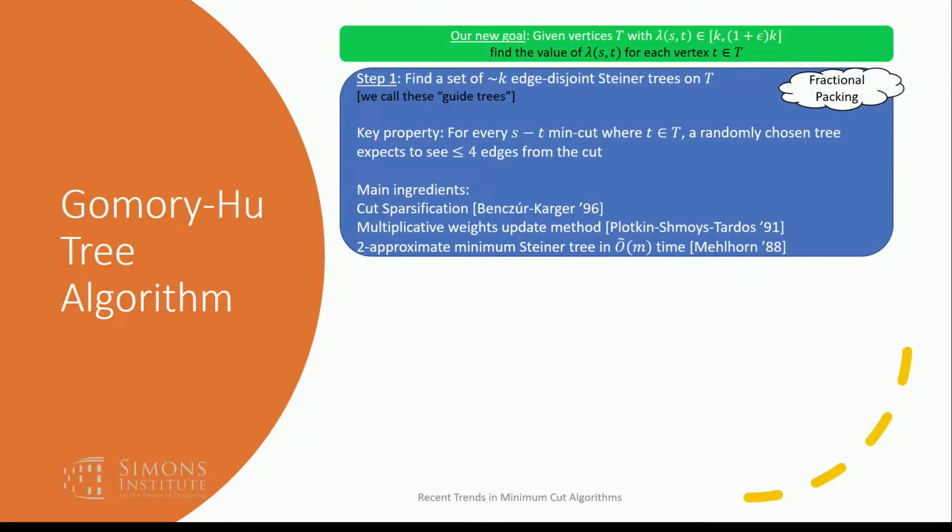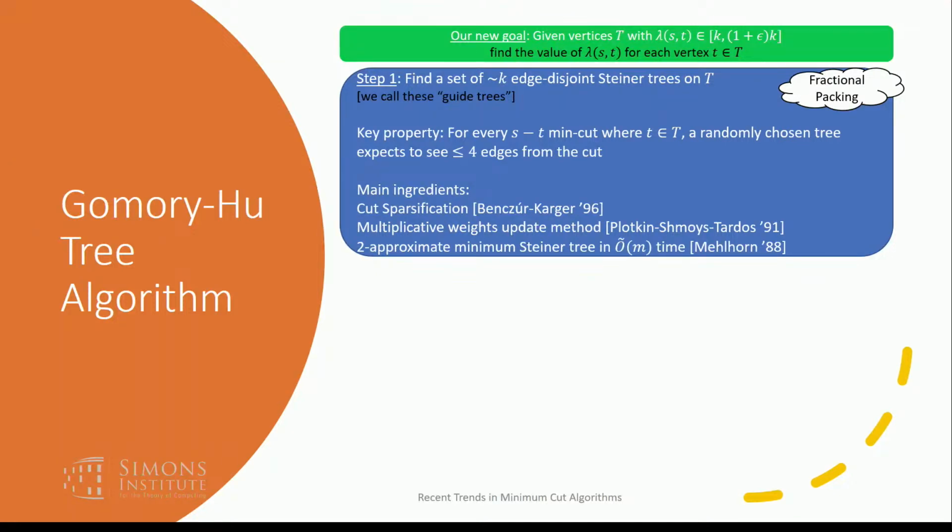And here's a brief overview of how we did it. We used what is known as Steiner tree packing. This is a generalization of, if you're familiar with Karger's near linear time min cut algorithm, which used spanning tree packing. We use a Steiner variant of this. We pack Steiner trees instead. And by using the key property that all the min cut values are within 1 plus epsilon of each other, we can show that we can pack enough Steiner trees such that a randomly chosen Steiner tree crosses the min cut in almost 4 edges on average.